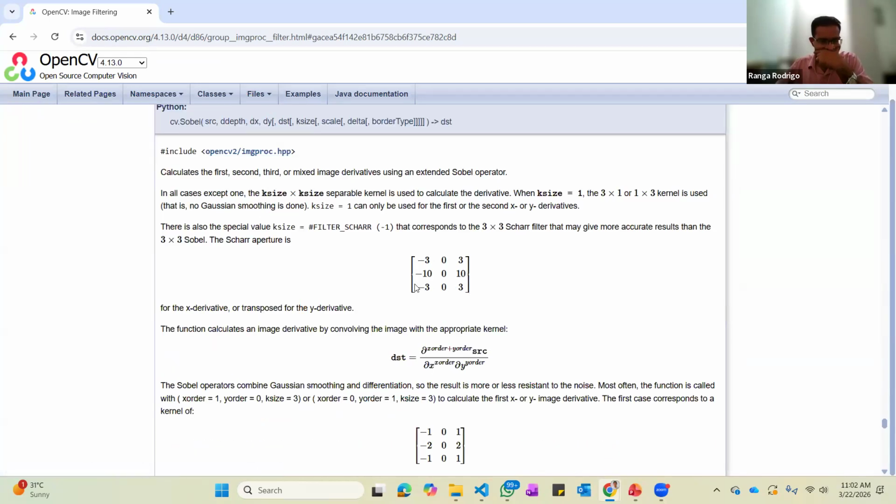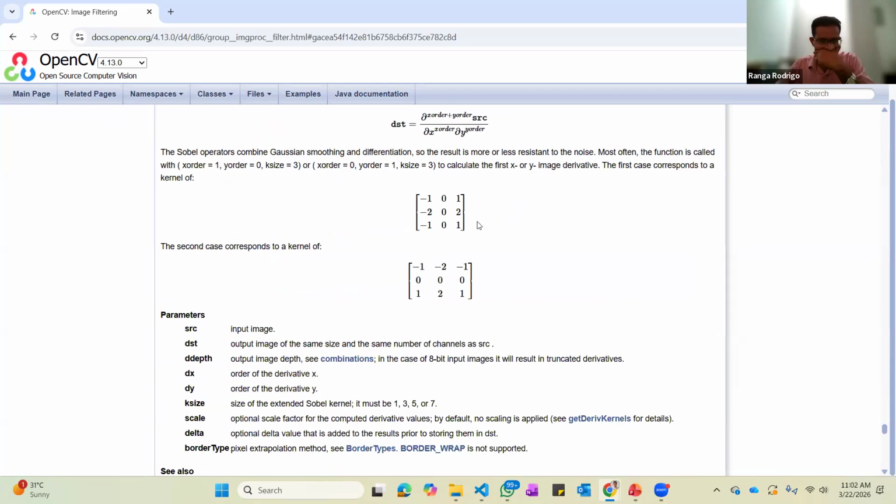Oh, it has it like that, right? The Sobel operator combines Gaussian smoothing and differentiation, so the result is more or less resistant to noise. More often, the function is called with x order 1, y order 0, kernel size 3. This is what we did.